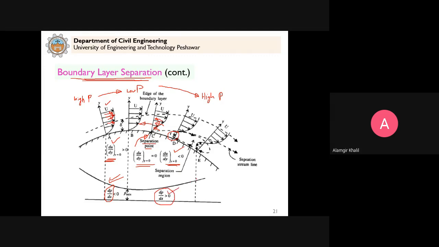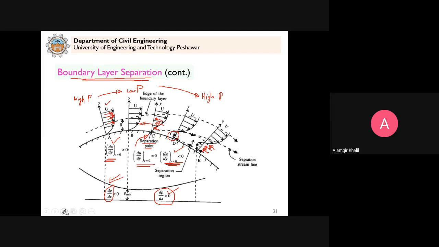This is known as adverse pressure gradient because the change in pressure per unit x is greater than 0, meaning you are moving from low pressure to high pressure. So what will be the result? The pressure is pushing the velocity in the backward direction. That's why the velocity gradient has become negative.